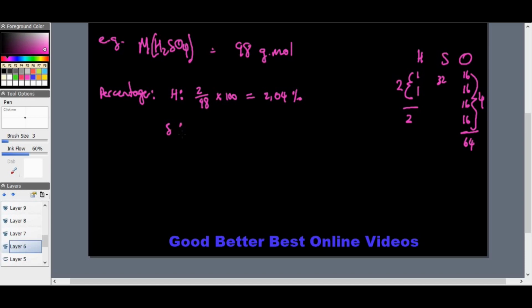Then for sulfur, you have 32 divided by 98, times 100, and that will give you about 32.65%. And then the last one, oxygen, we have 4, all valued at 16 each. So that's 64 in total, divided by 98, multiplied by 100, and that'll give you 65.31%.